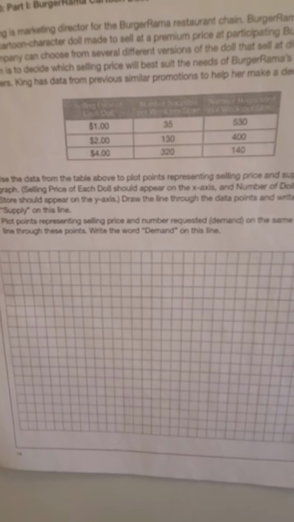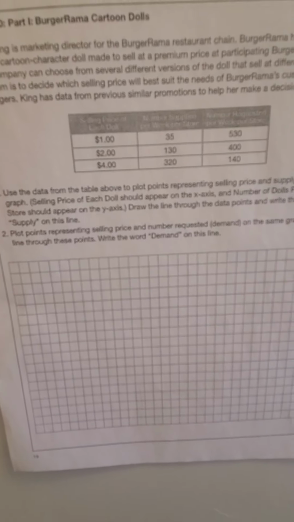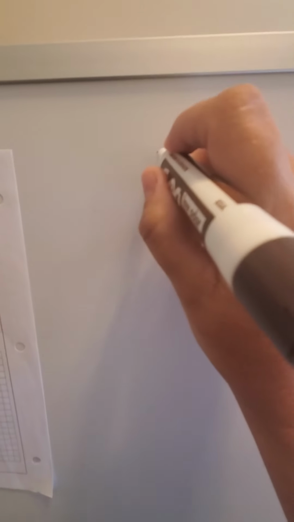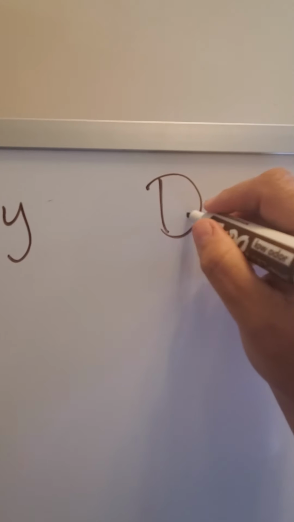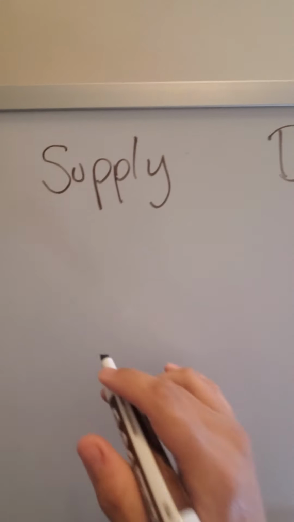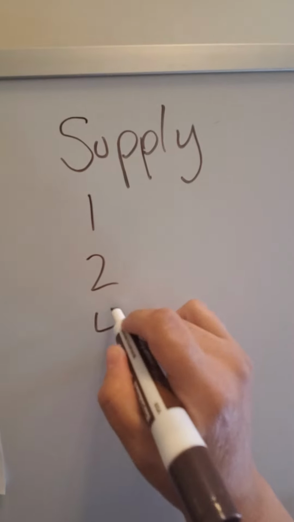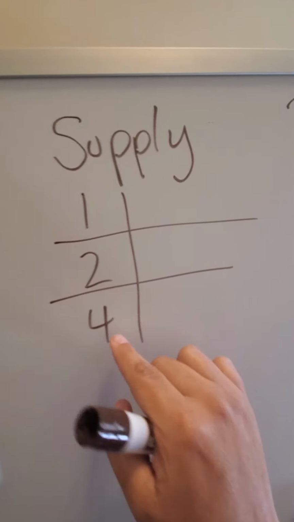Now, the best thing to do, you don't necessarily have to follow along with what they're asking you to do here. I'm going to show you how to do this, okay? So I'm going to make a supply equation and a demand equation. Now, you're wondering how I'm going to do that. Well, the X is the same on all of them: 1, 2, and 4, right? $1, $2, $4.